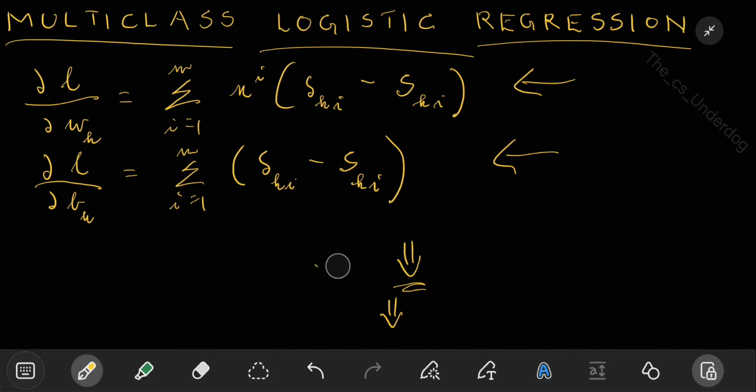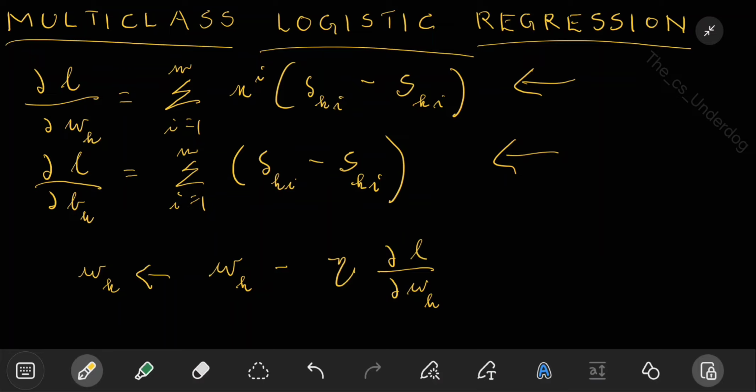The stopping condition we'll again discuss. How do you update WK in each step? WK will be updated as the previously existing WK minus eta into del by del WK of L. But there is a small catch here.